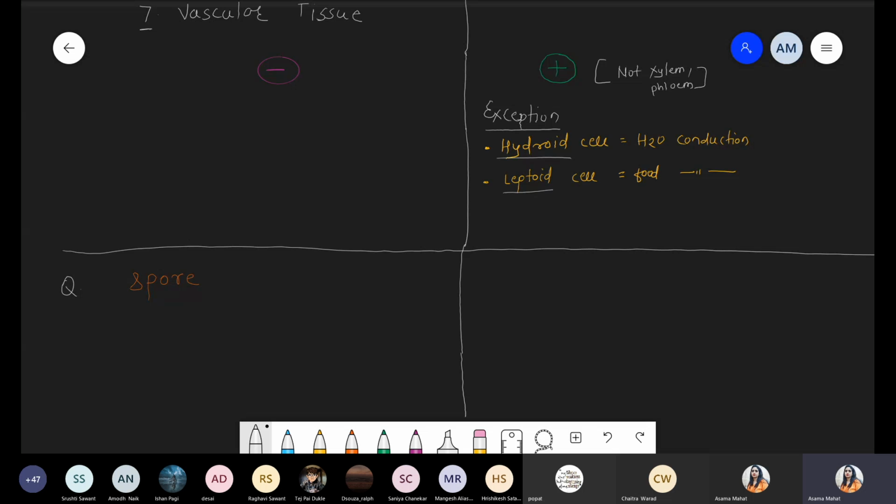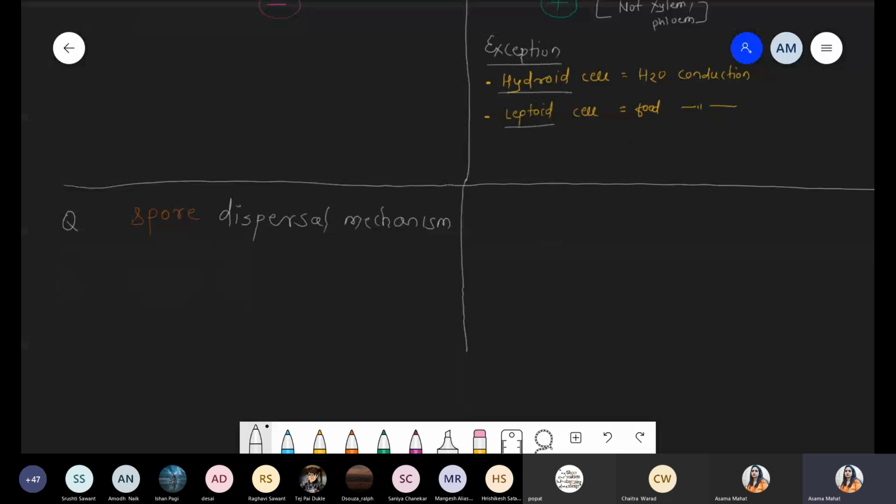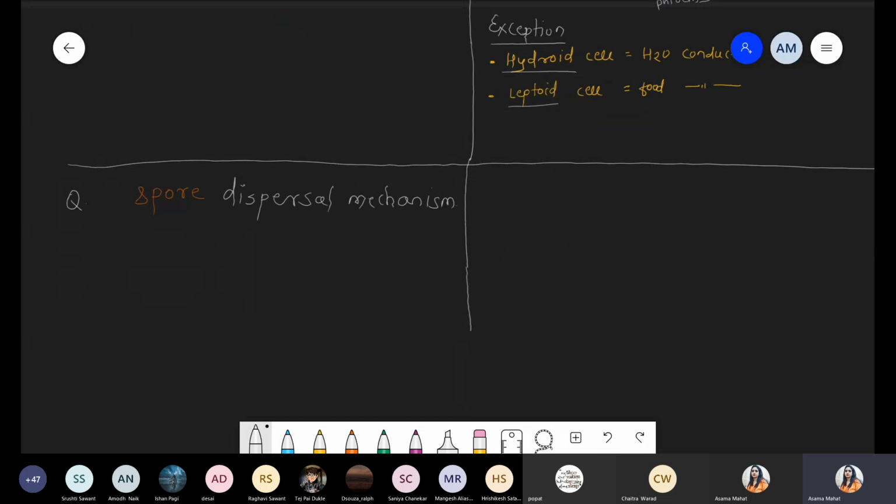Next part we continue with the spore dispersion mechanism, how the spores get released. So next point, spore dispersal mechanism. This is NEET's favorite part because many kinds of questions can be designed from this point.